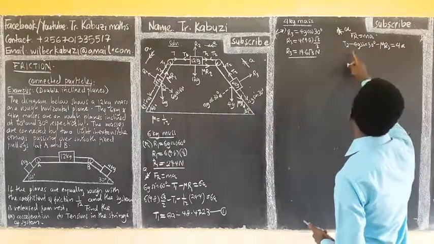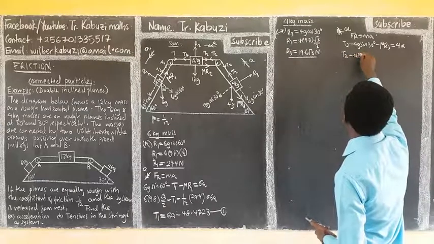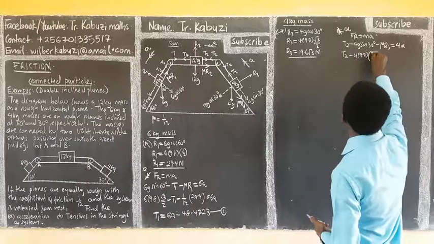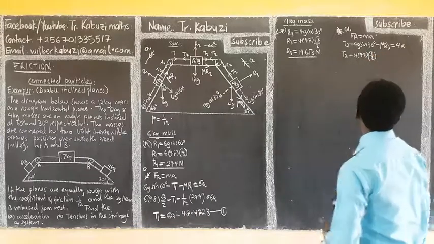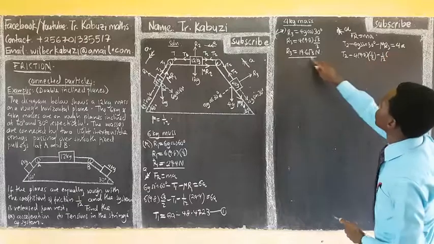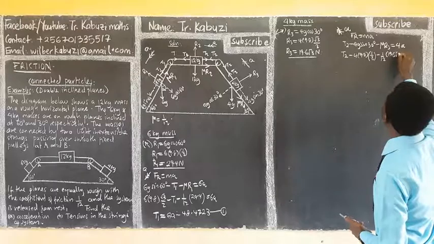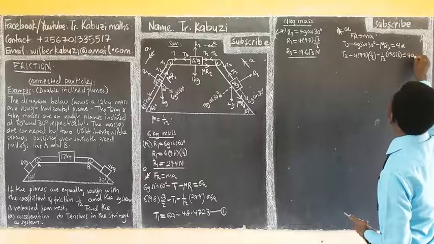Okay, so from here I have minus 4 into 9.8 sine 30, which is a half, minus 1 over 12 into 9.6 root 3, equaling 4a.